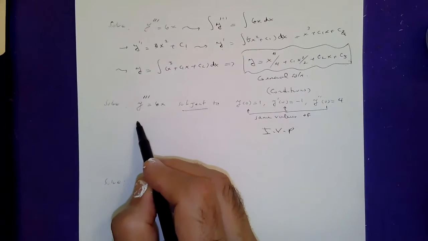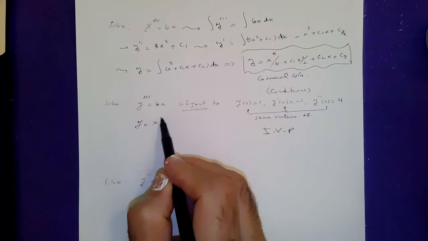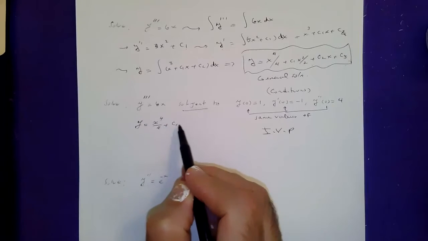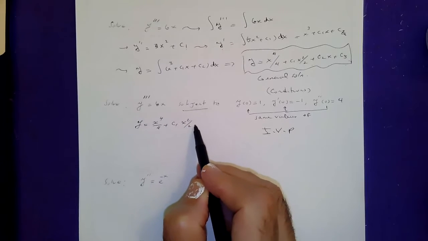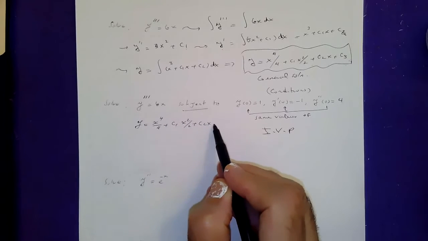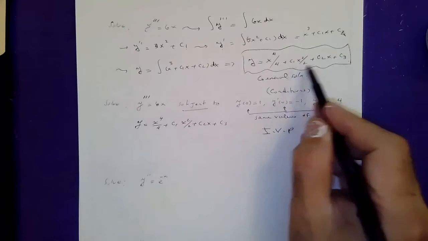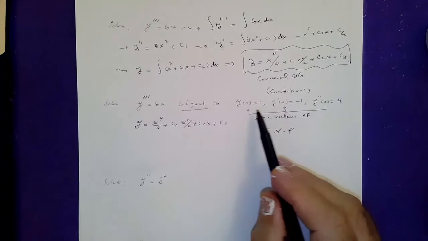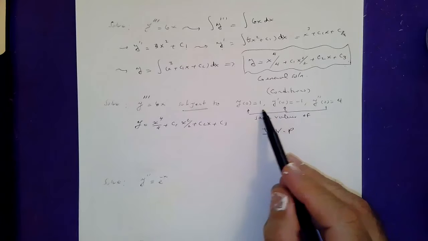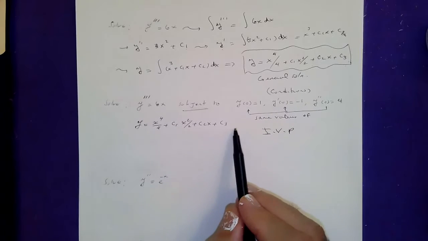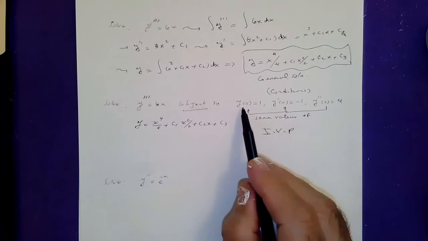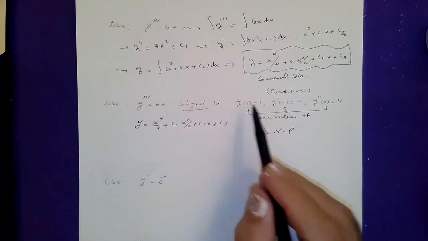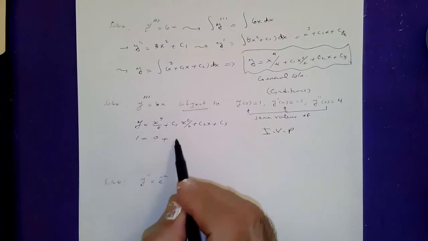In the previous example, we found this to be the general solution. Why do we call it the general solution? Because you have constants in the solution. But now, the minute they give you conditions, then you get to find the c's. So here it says y is equal to 1 when x is equal to 0.